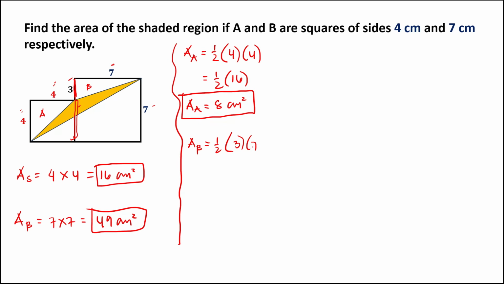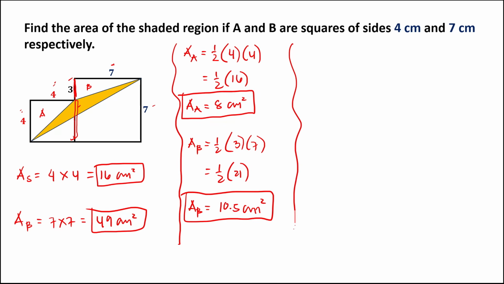So 3 times 7, or this is 1/2 times 3 times 7, this one is 21. So therefore, the area of this triangle B is 10.5 centimeters squared.